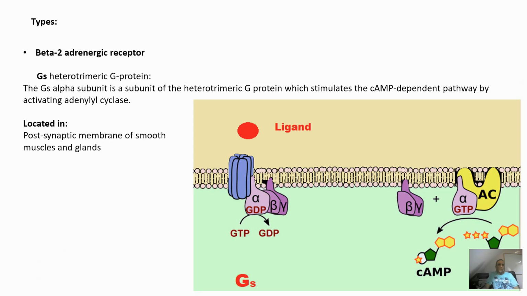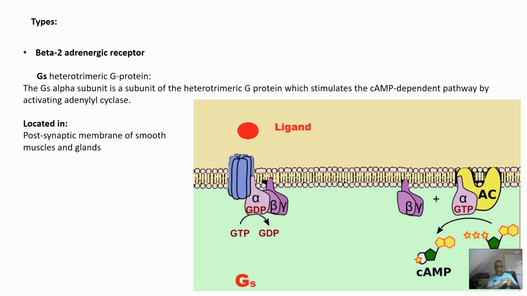The second beta receptor is the beta 2 adrenergic receptor. It is also a Gs heterotrimeric G protein, and it has the same mechanism. It has alpha, beta, and gamma subunits, and GTP binds to the alpha subunit, and then alpha, beta, and gamma separate from the receptor.